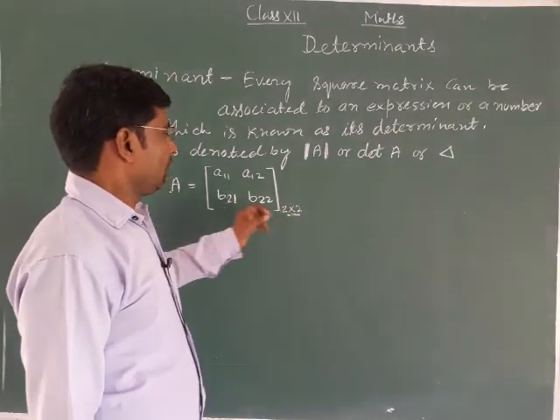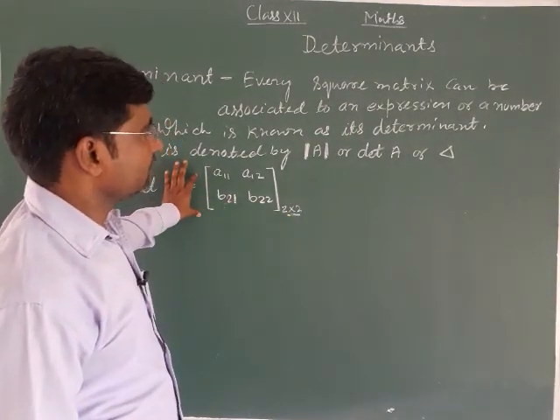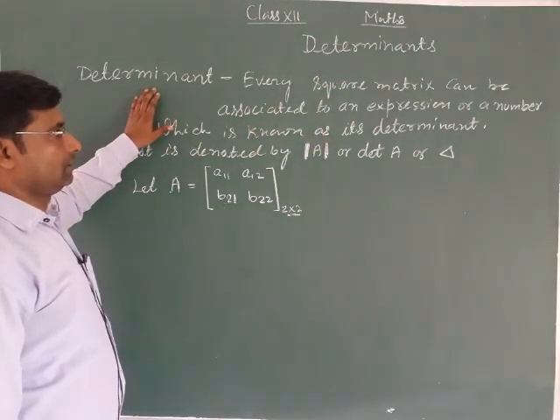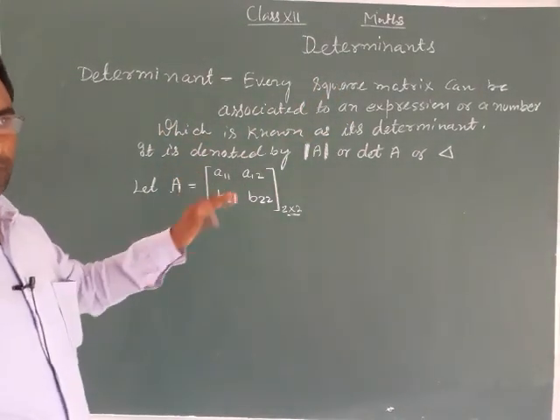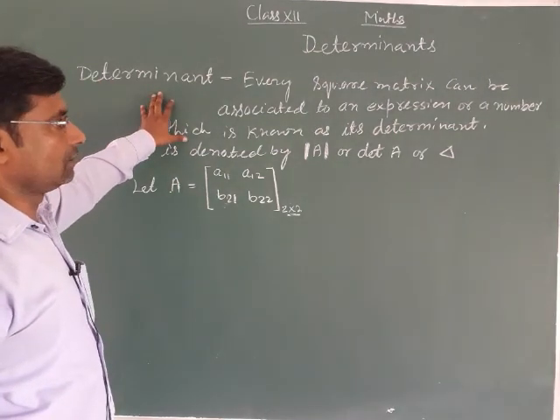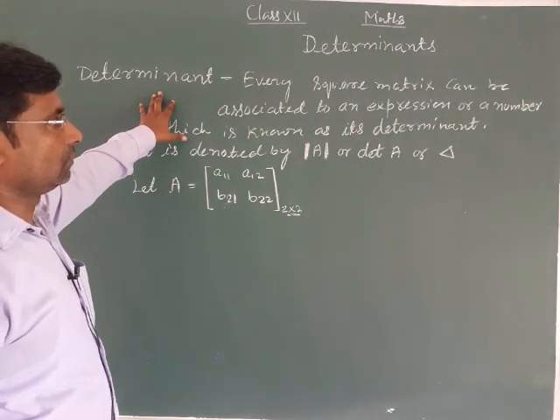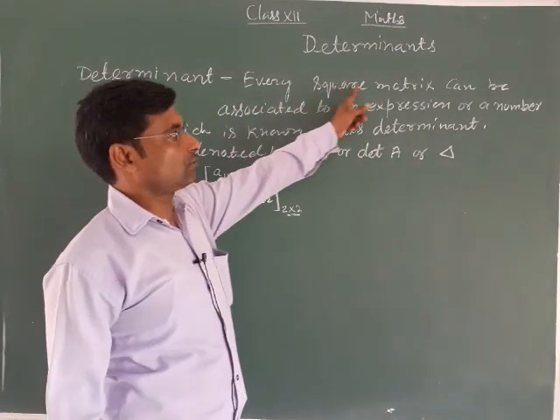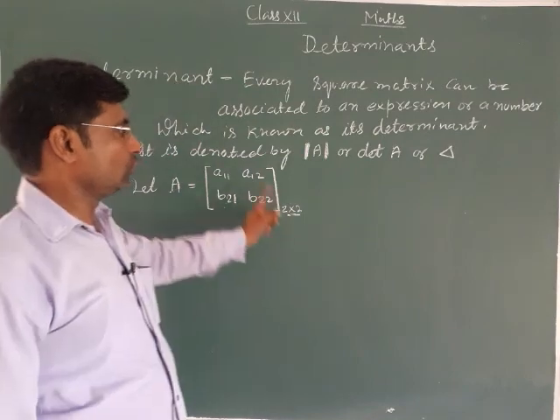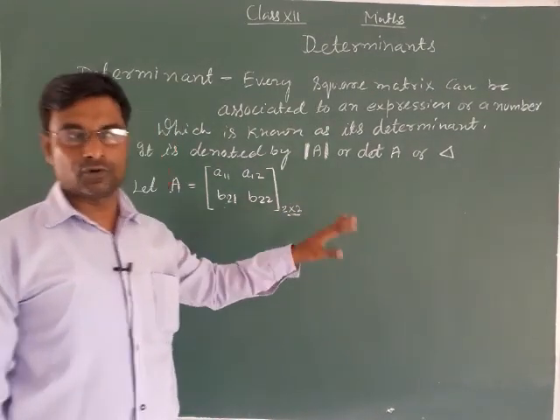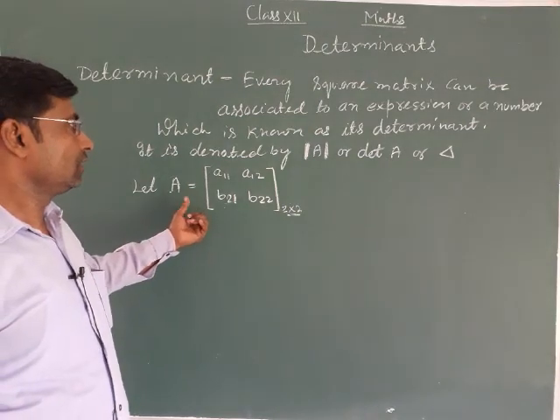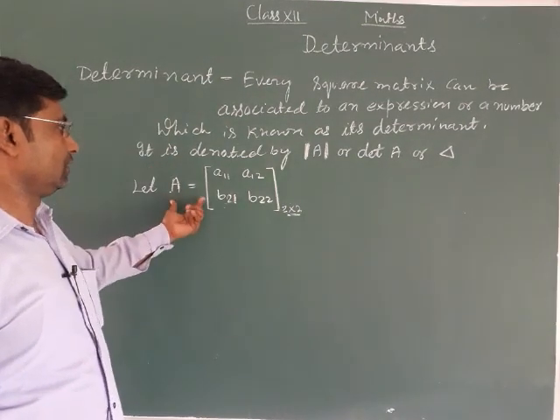Every square matrix has a determinant; a matrix that is not square has no determinant. So a 2 by 2, 3 by 3, or 4 by 4 matrix has a determinant.